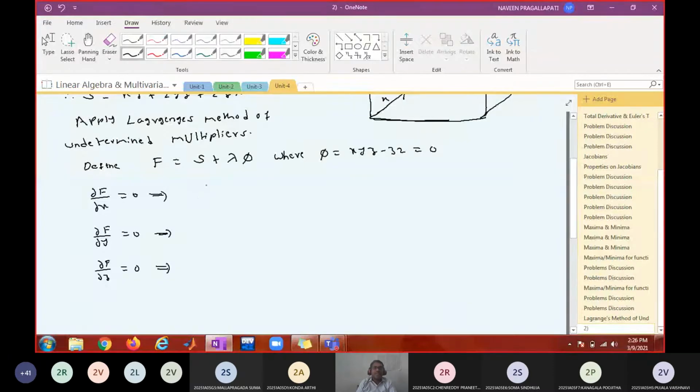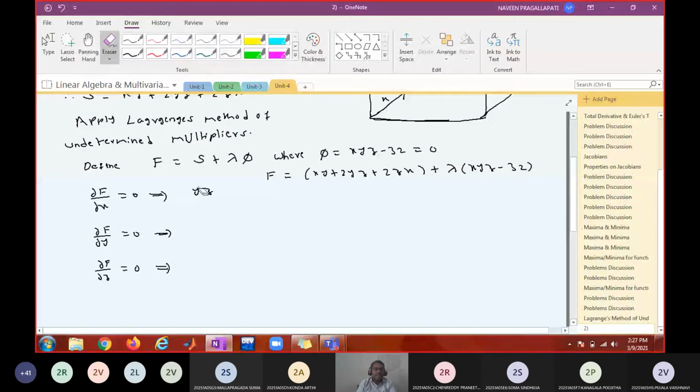Dou f by dou x equal to 0 means what? Sorry, I should write down the function first. So what is f actually? f is equal to s, which is xy plus 2yz plus 2zx, plus lambda into xyz minus 32.